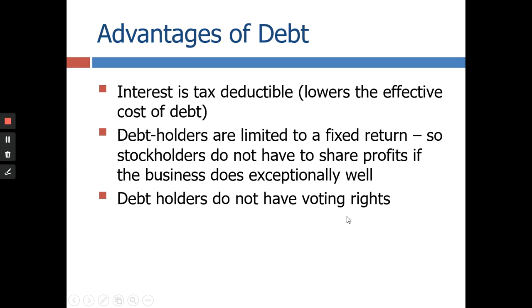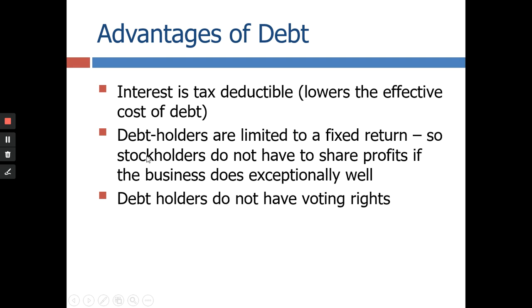Another benefit of having voting rights is that for any major decision, the shareholders have to vote. If, let's say, the company wants to merge with another company, then they have to get voting rights. But debt holders do not have them.